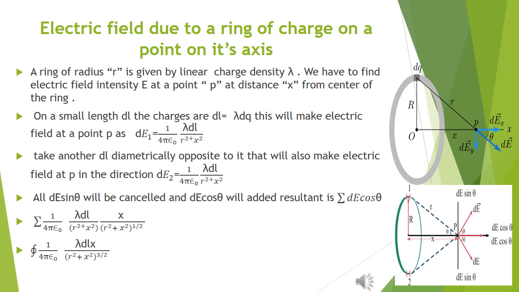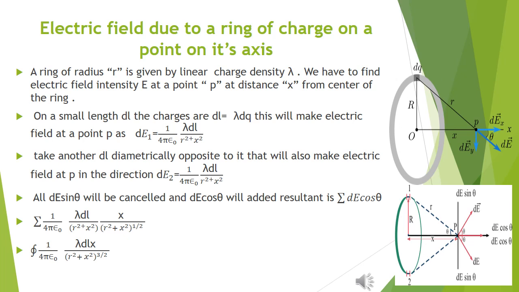How much electric field is at point P? According to Pythagoras theorem, the hypotenuse of this right angle triangle is under root r square plus x square. So here electric charge is distributed, and we have to give certain quantities in terms of which we have to find out the value of electric field.